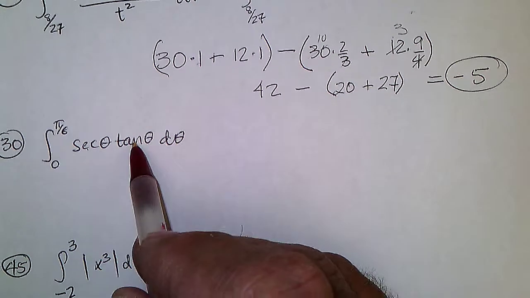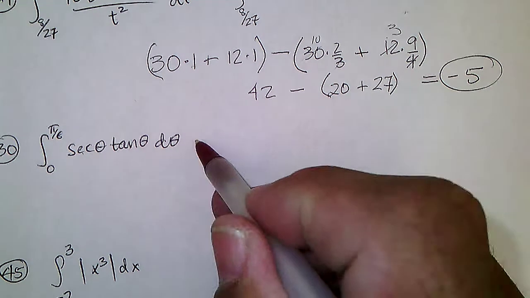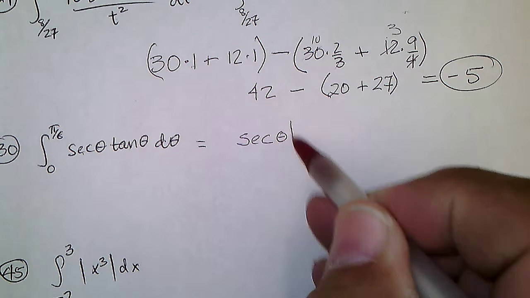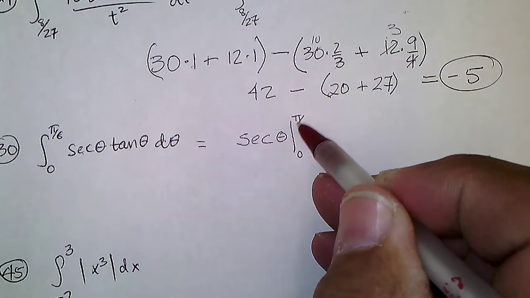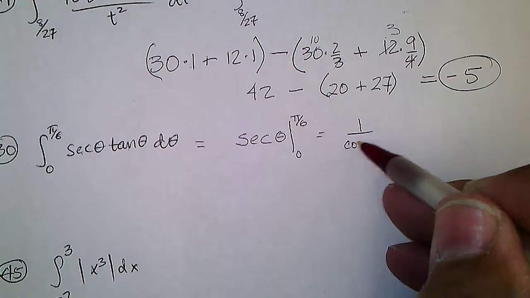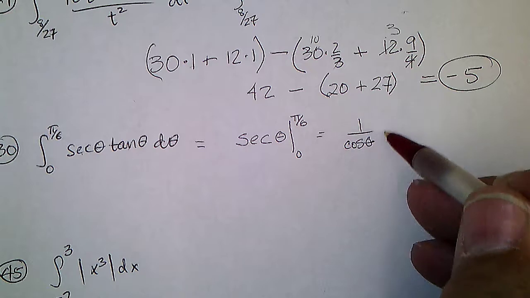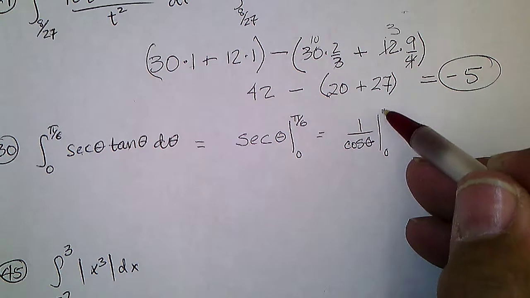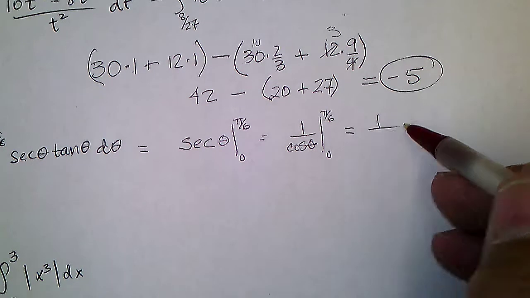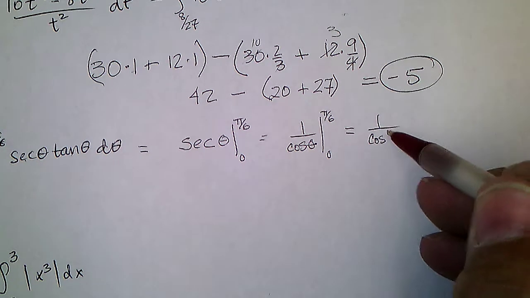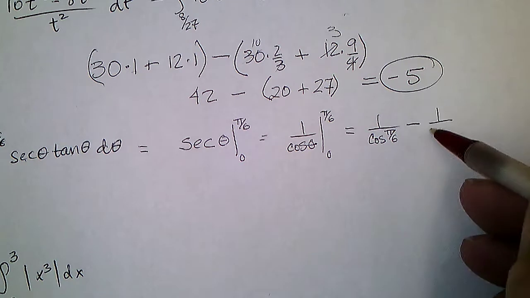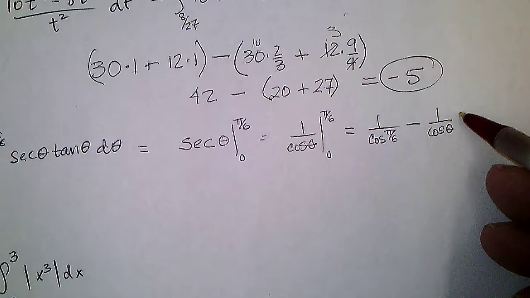The integral of secant tangent is just secant, evaluated from 0 to pi over 6. So that's just 1 over cosine of theta, evaluated from 0 to pi over 6. So we get 1 over cosine of pi over 6 minus 1 over cosine of 0.